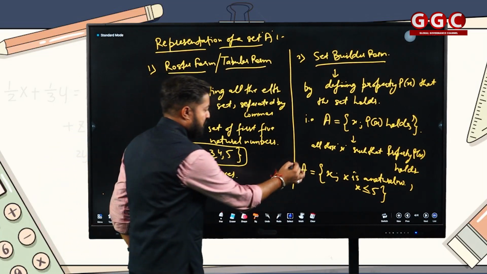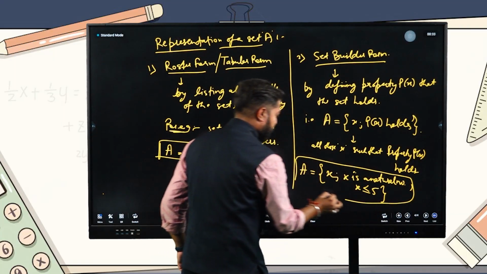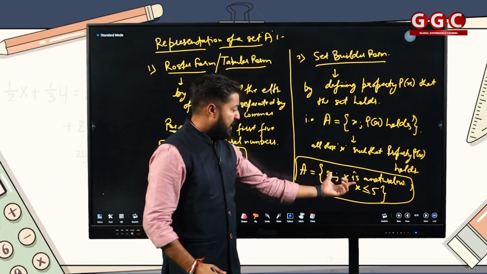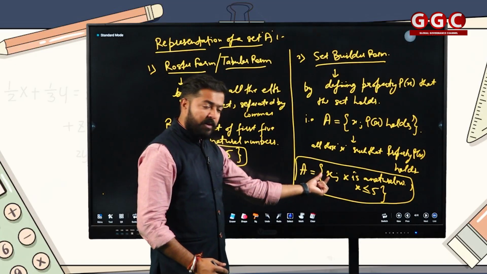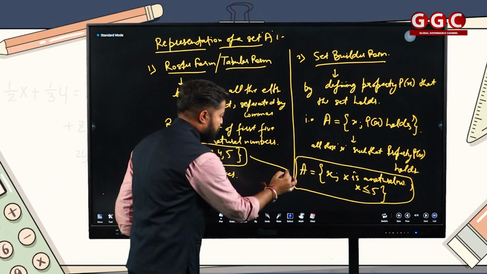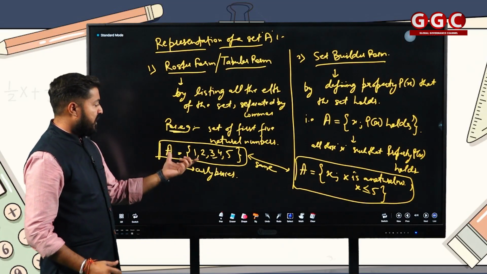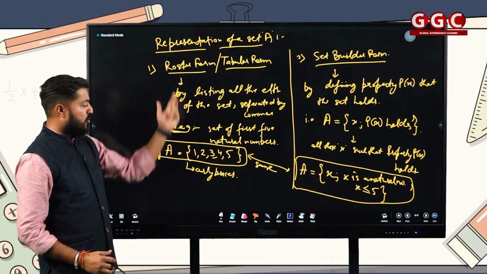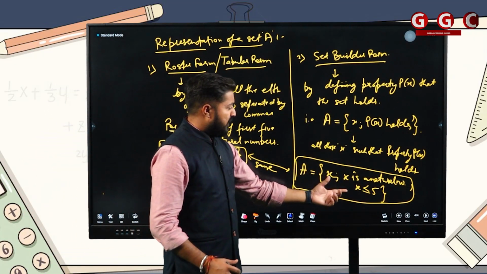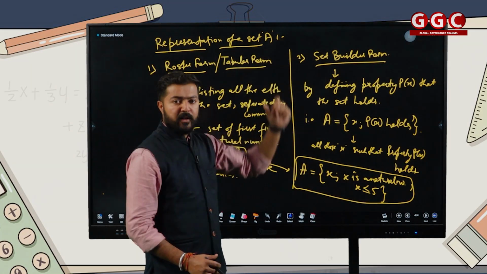So this is the set builder form. Here we have defined the property by which x is coming in this set, and these two sets are both the same set. The only difference is that here it is represented in the roster form, and here this set is represented in the set builder form.